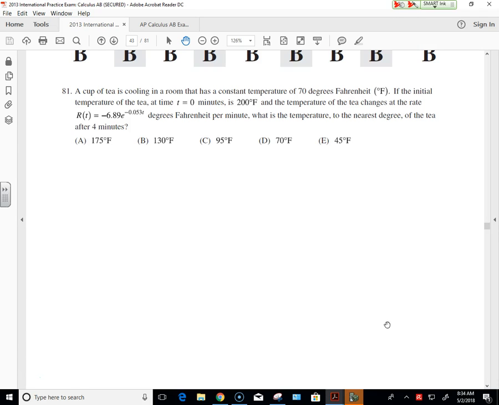I'm going to do T for tea. So T of 0, the temperature of the tea, is 200 degrees Fahrenheit. That's that clue. And the temperature of the tea changes at a rate given, T prime equals R of T. What is the temperature to the nearest degree of the tea after 4 minutes?